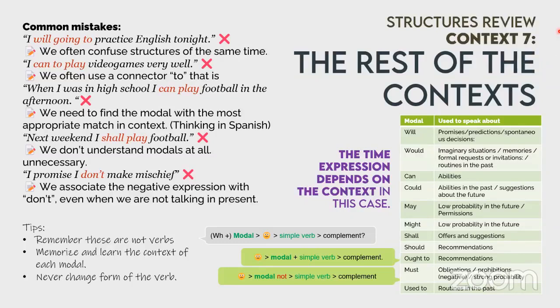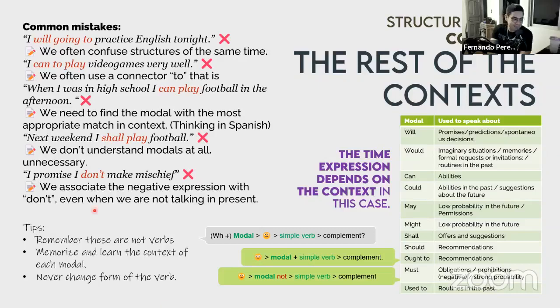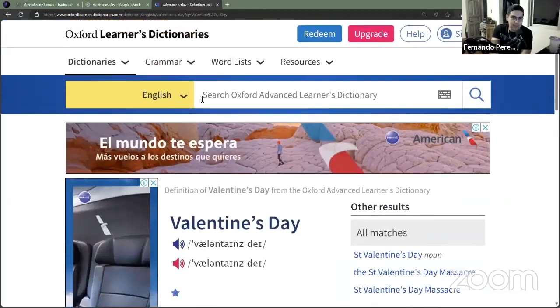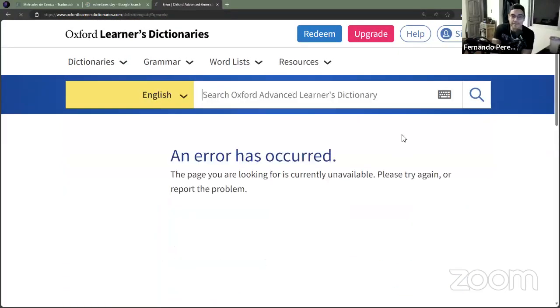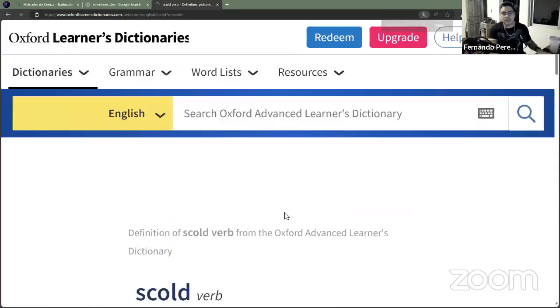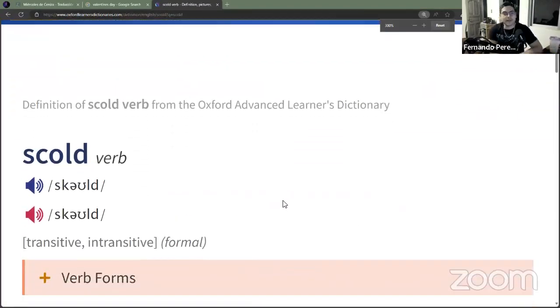Okay. What would your mom say about that? I think that she, how do you say, regañar? Regañar, new verb. Let me help you with the dictionary.